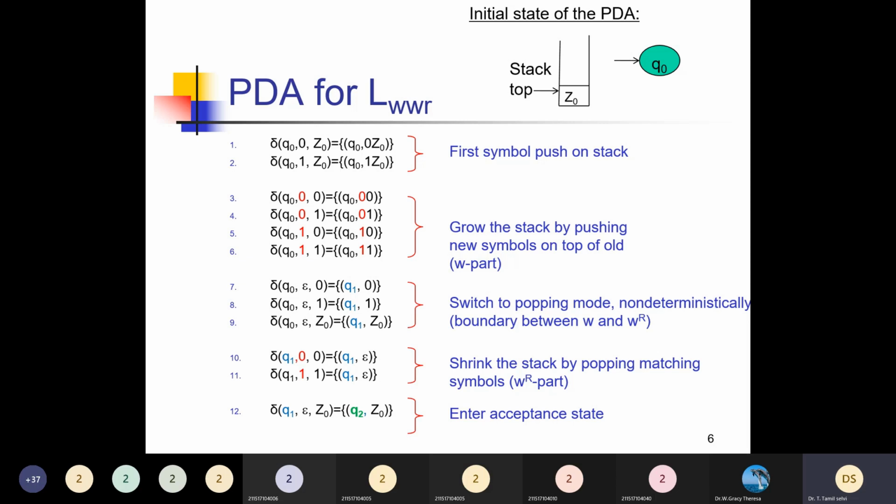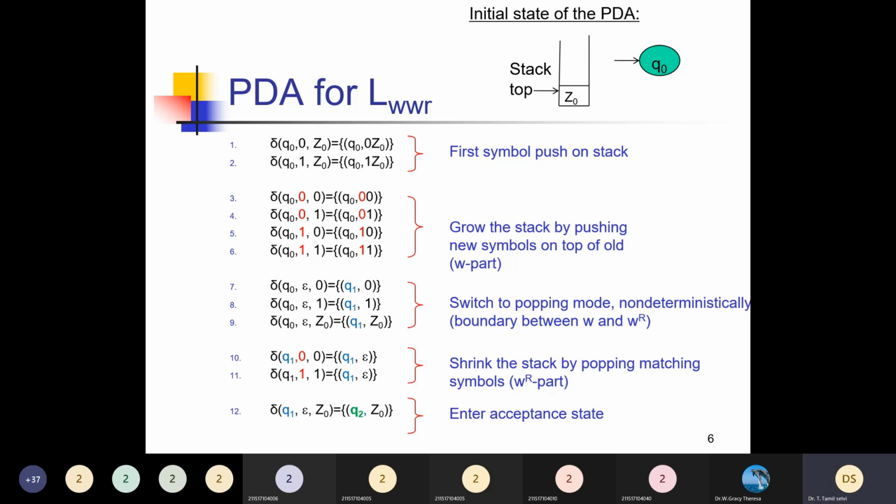I'm going to push the 0 into the stack so that the output is Q0, comma 0, comma 1, 0, 1. Same for our input 1. So this is for the second symbol. From 3 to 6, these four functions are for the second, third, fourth, etc. input symbols; we can use the same transition function here.